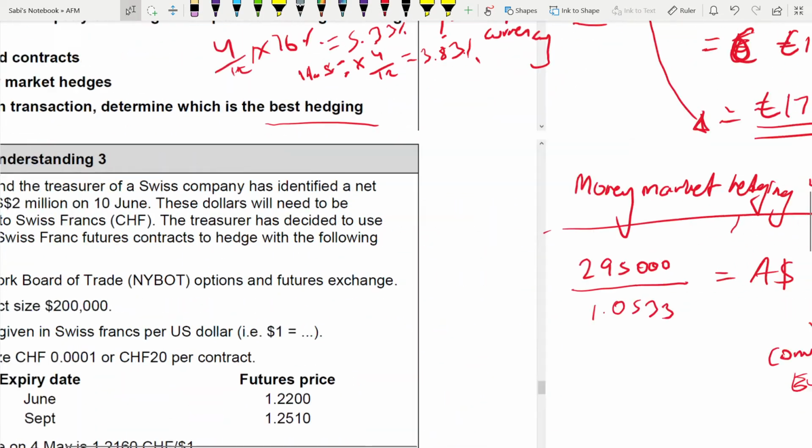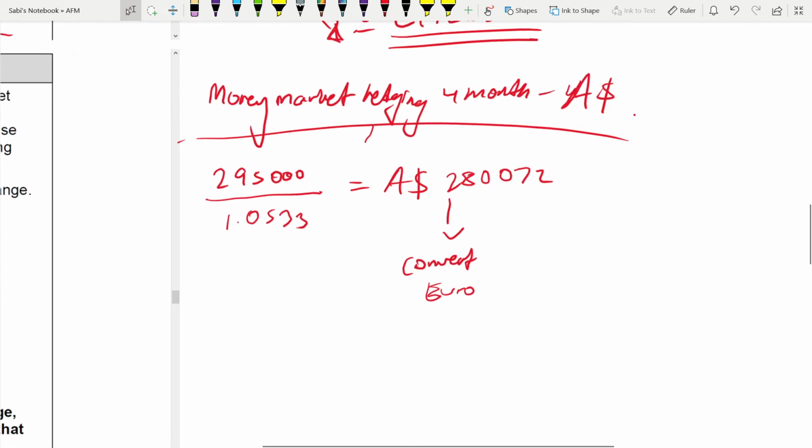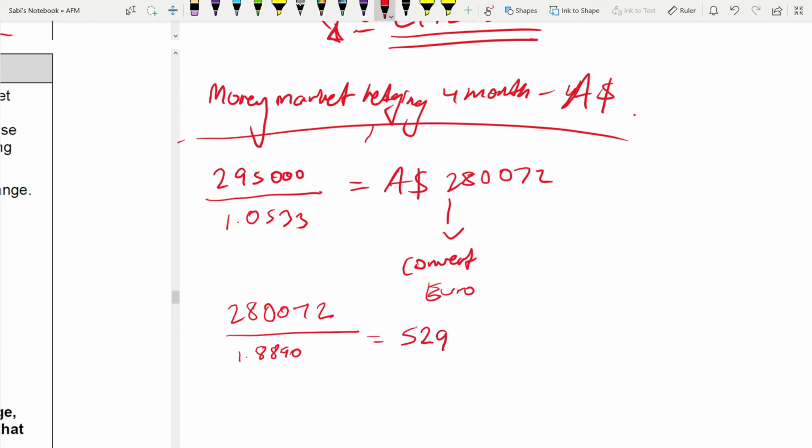So now we'll change using that rate. This 280,072 divided by 1.8890 will be 529,056. Now you multiply this by the deposit.